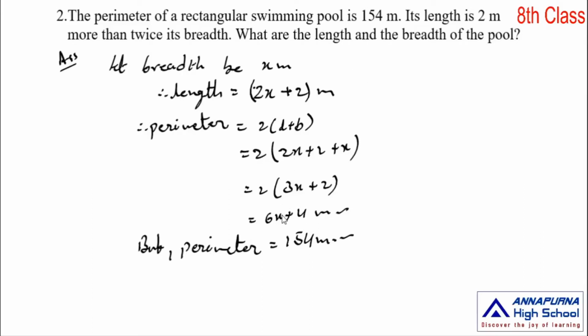But this one we got from the two dimensions, breadth x meters and length 2x plus 2 meters, while this 154 we got from the given. These two represent the same quantity, so both are equal. Therefore 6x plus 4 is equal to 154.